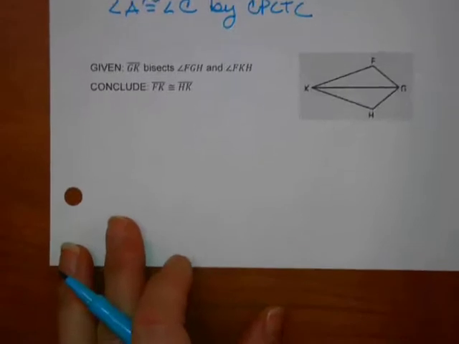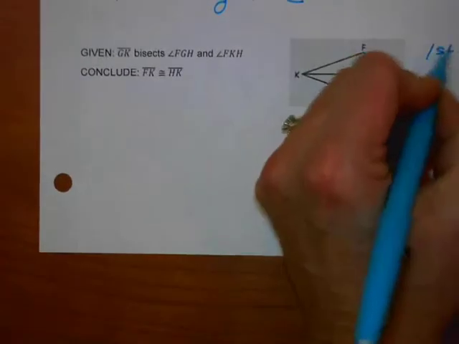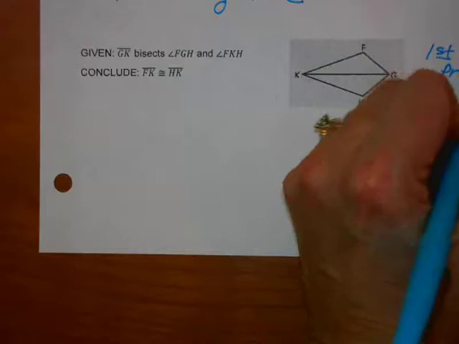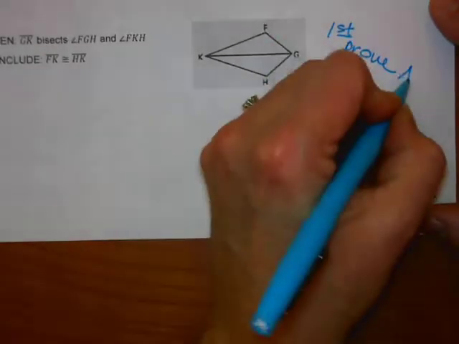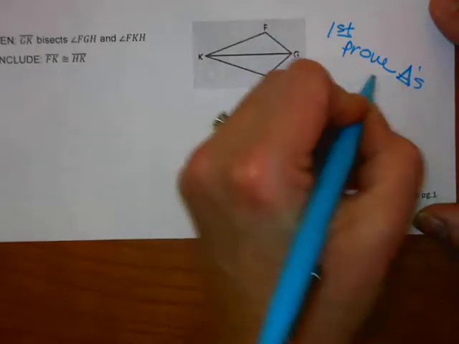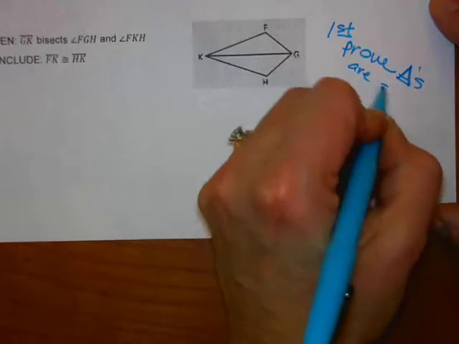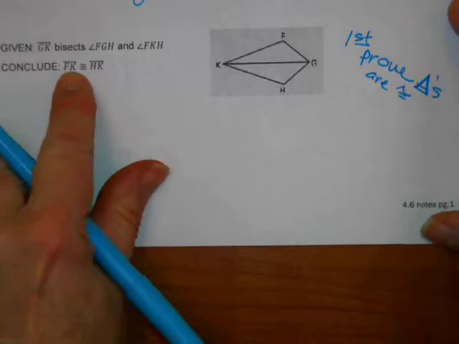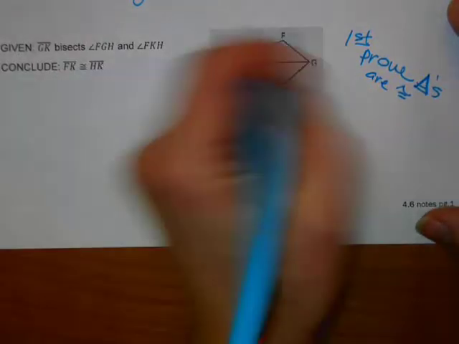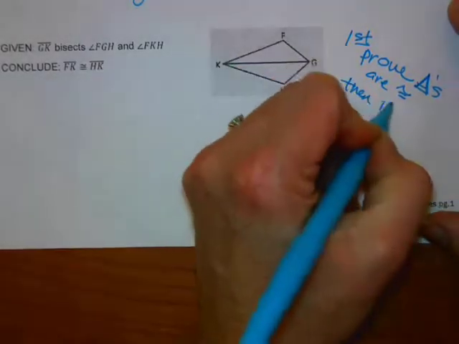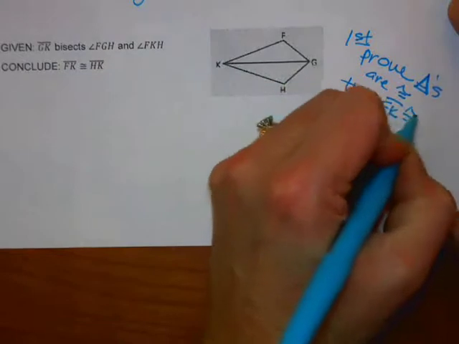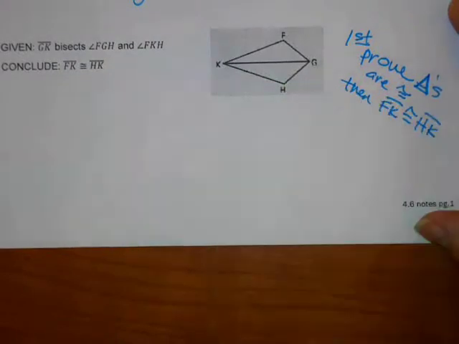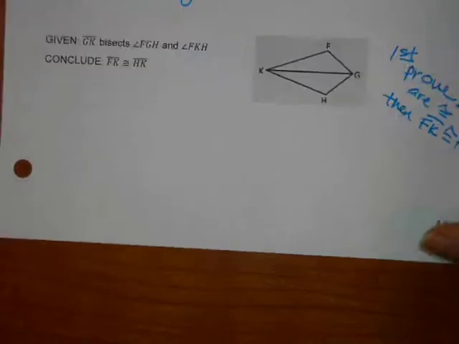Okay. So, again, you prove the triangles are congruent. Then we'll prove that FK is congruent to HK. Okay, so let's take a look at what we got here.